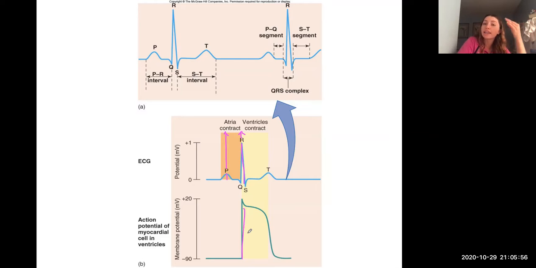Because why? The calcium has to go into the cell, bind to the door, open the door, the calcium floods out, binds the troponin, and then the tropomyosin, or whatever it's called, shifts and then allows the muscles to contract. So it takes a second, okay?